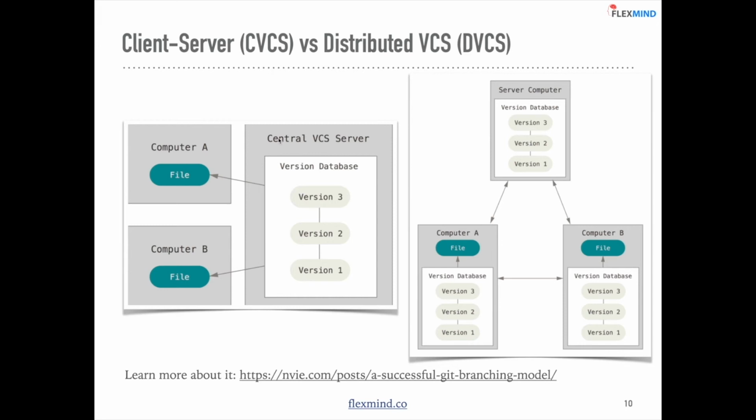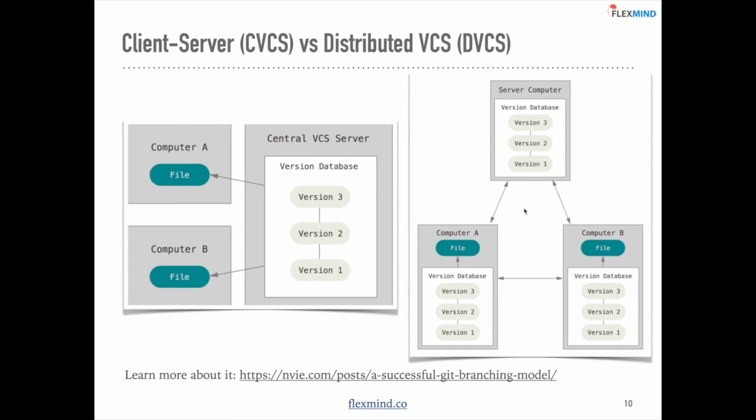On the left side, there is a centralized version control server where the whole history of this project exists, but locally you have only the latest project files. You don't have any history of the whole project, right?